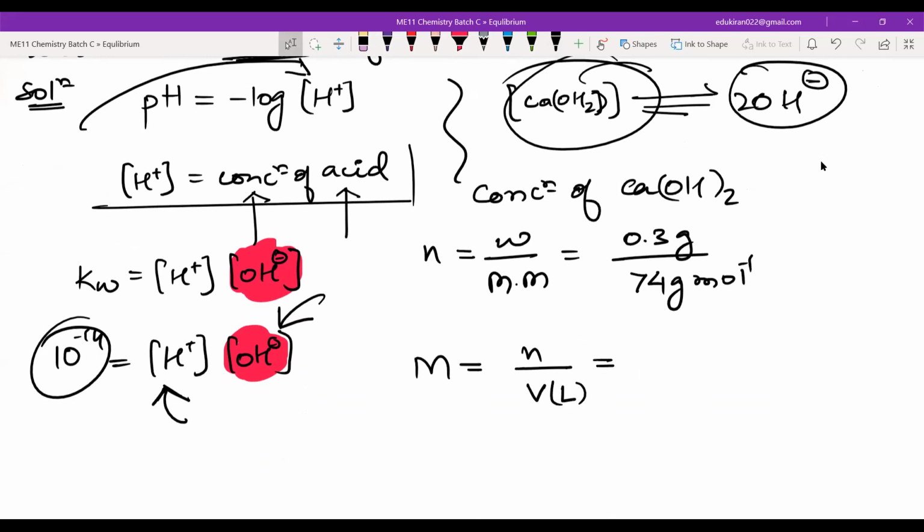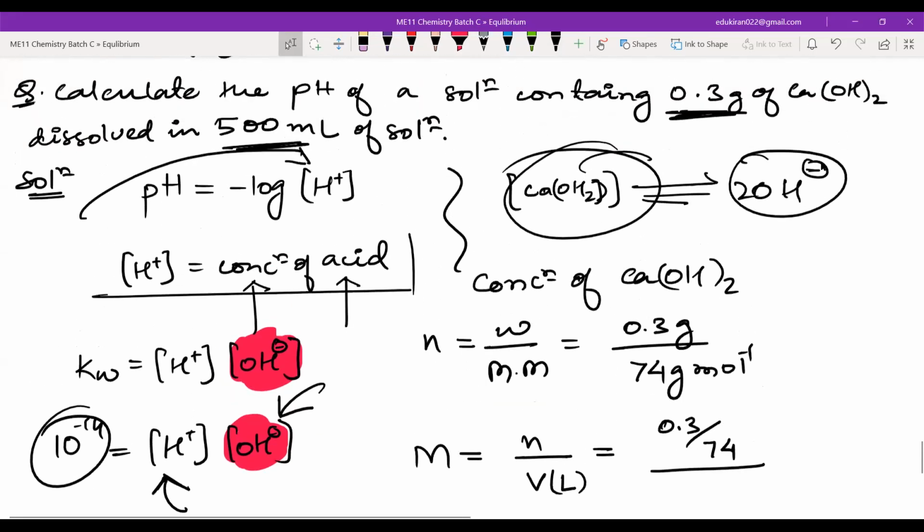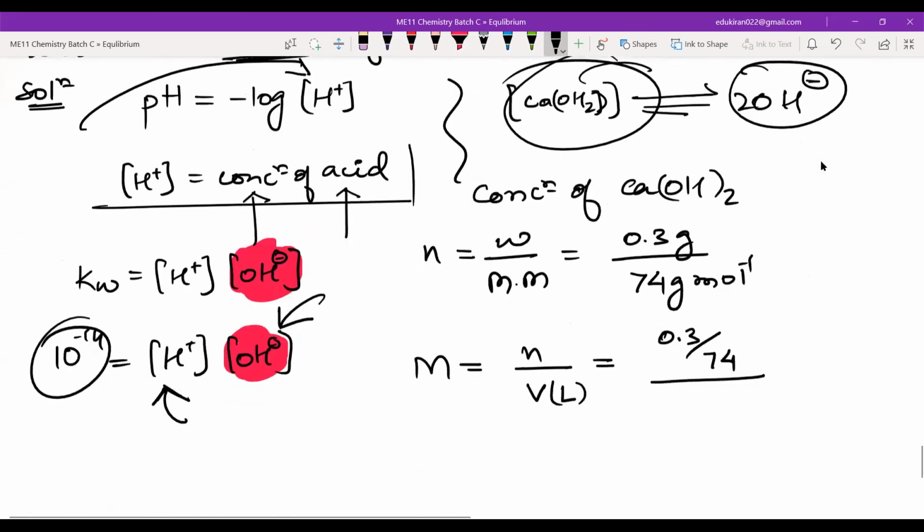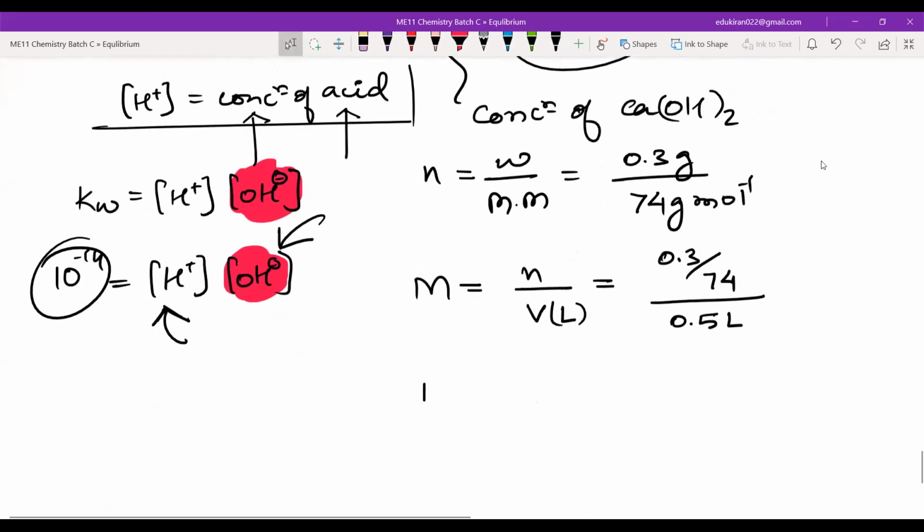The number of moles is 0.3 divided by 74, divided by the volume, 500 ml, that means 0.5 liters. So the molarity is 0.3 divided by 74 into 0.5. Rather than writing 0.5, I will write 1 by 2. And this will be moles per liter.